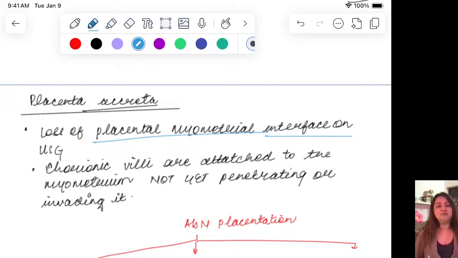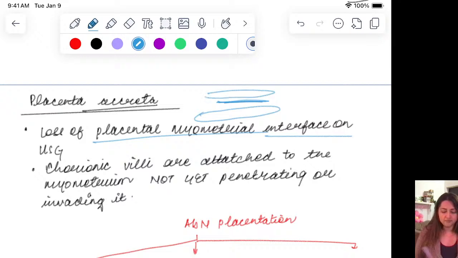Okay, so this terminology is reserved for ultrasound findings. Hypoechoic means a dark line. So supposing there's a placenta here, there's a myometrium here. Placenta और myometrium के बीच में there is going to be a dark line. That's a hypoechoic line, and that's the myometrial placental interface. इनकी boundary है एक तरह से ये.